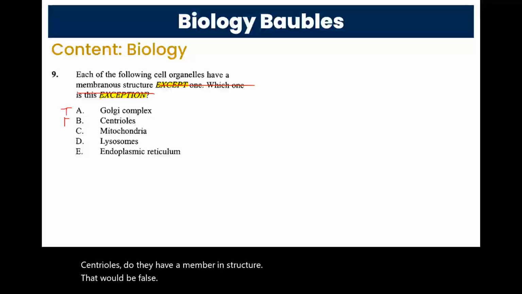Mitochondria, do they have a membranous structure? True. They have two membranes, in fact. Lysosomes, do they have a membranous structure? Yes, that's how they keep their lysing enzymes away from the rest of the cell contents.